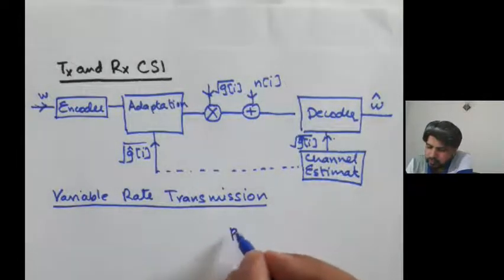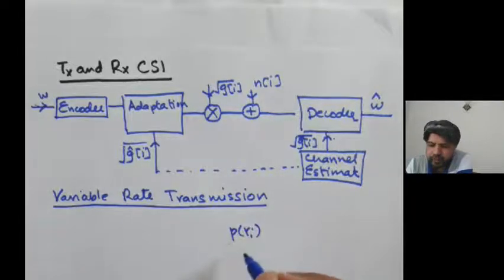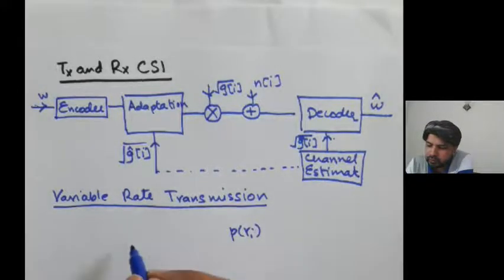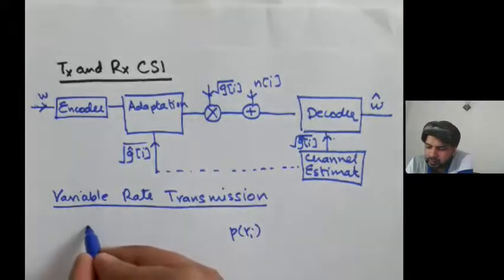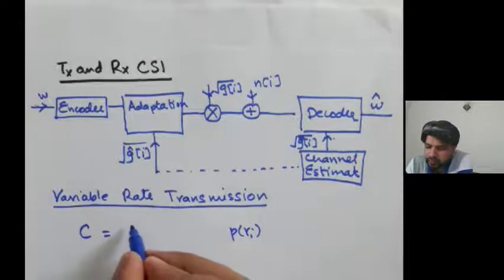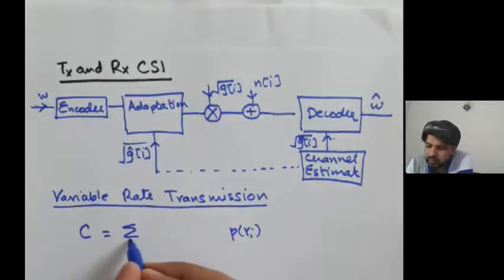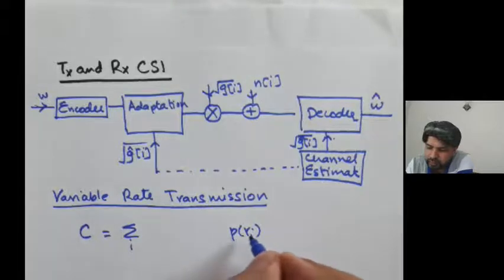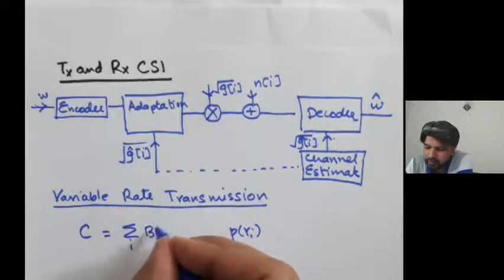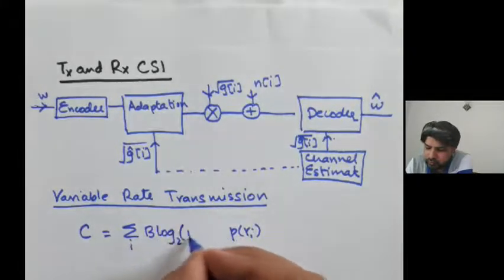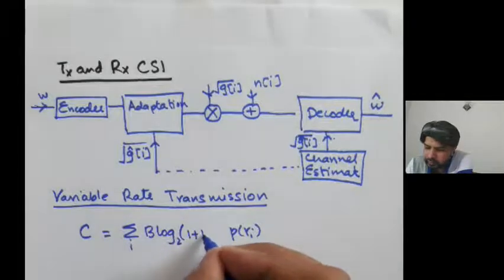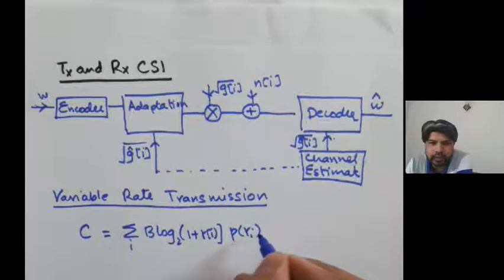If P of gamma I is the probability that the channel is in the state gamma I, then the total capacity C can be written as the summation over I of the capacity for the state gamma I, that is B log base 2 of 1 plus gamma sub I, times the probability that the channel is in the state gamma I.